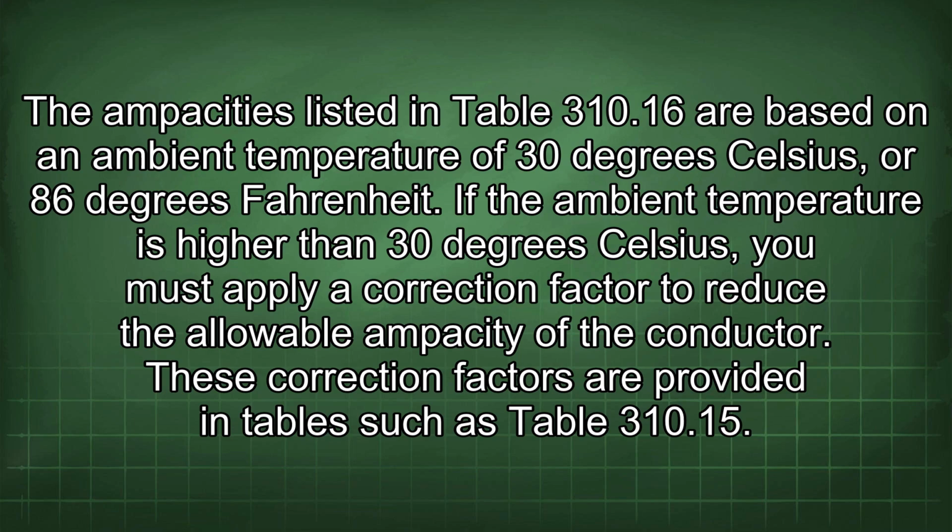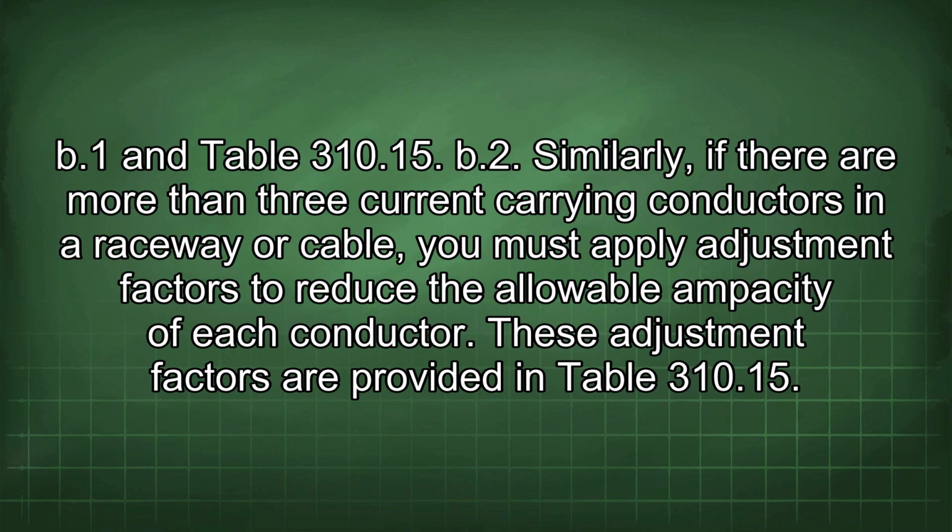The ampacities listed in Table 310.16 are based on an ambient temperature of 30 degrees Celsius or 86 degrees Fahrenheit. If the ambient temperature is higher than 30 degrees Celsius, you must apply a correction factor to reduce the allowable ampacity of the conductor. These correction factors are provided in tables such as Table 310.15(B)(1) and Table 310.15(B)(2).